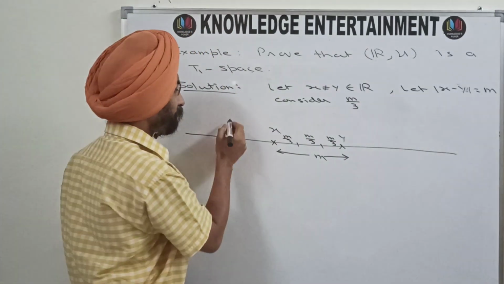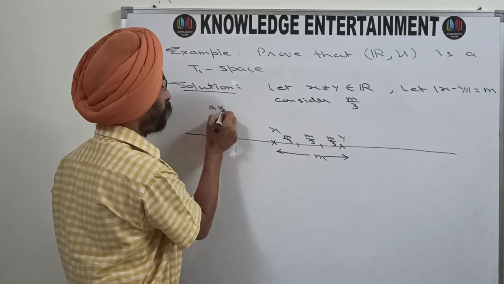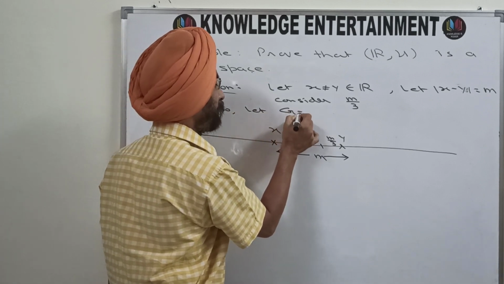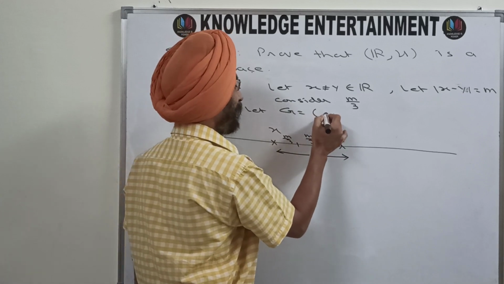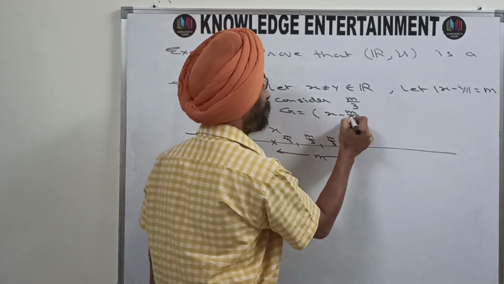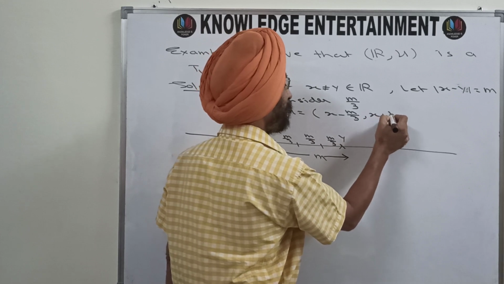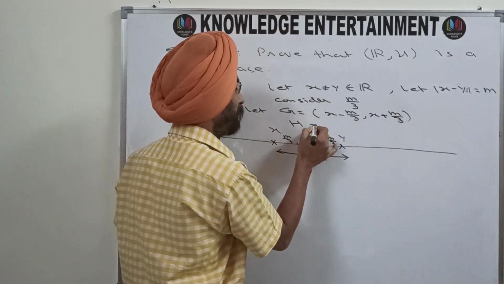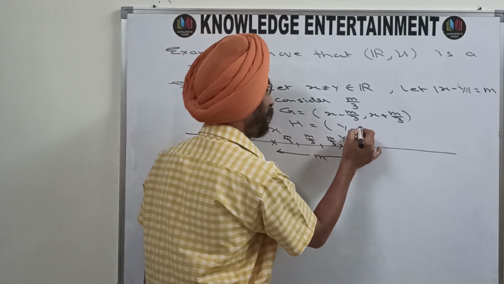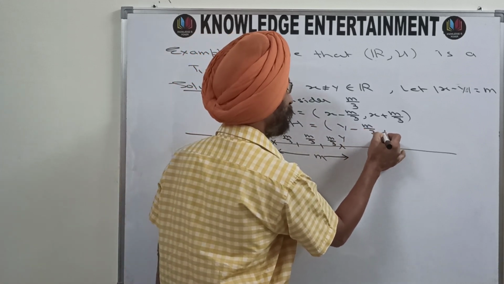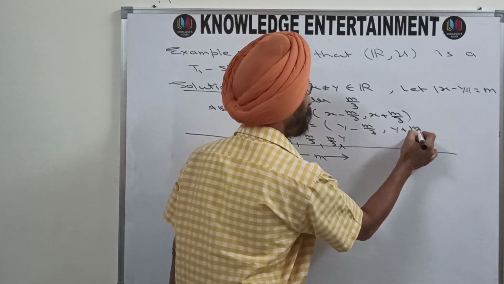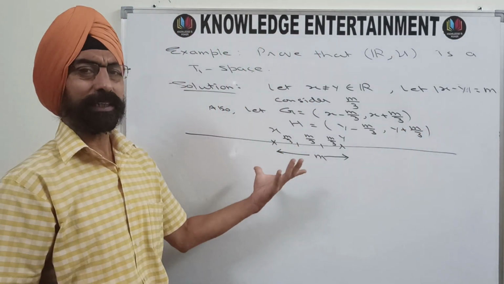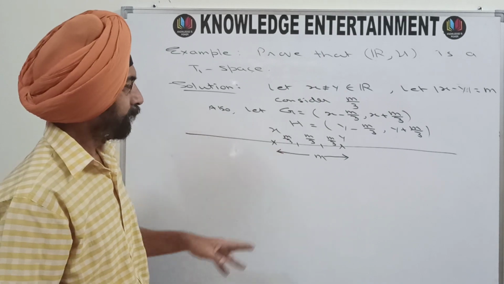Now consider also, let G be the open interval x minus m by 3, x plus m by 3, and H be the interval y minus m by 3, y plus m by 3. So diagrammatically, simultaneously we will see what is happening.